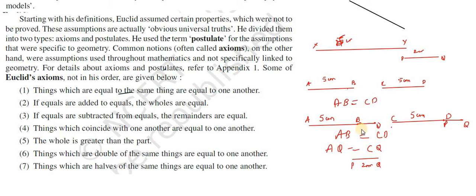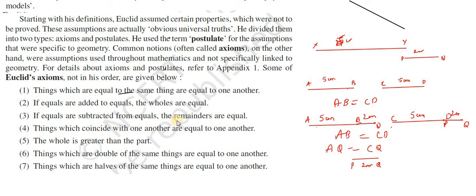Why? Because this is 2 centimeters and this is 2 centimeters. What is 5 plus 2? 7 centimeters and 7 centimeters. So according to the second statement, AB and CD are already equal, and to these equals we are adding PQ, 2 centimeters, equal again. So if equals are added to equals, the whole is equal. Therefore AQ is equal to CQ. Is it clear?